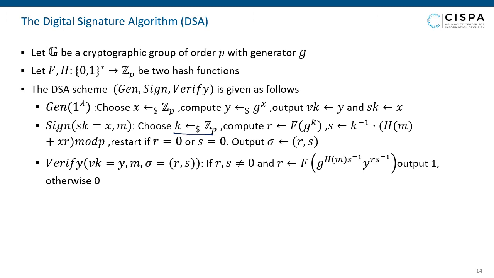To verify a signature, we first check if both R and S are non-zero, and if it holds that R is equal to F of G to the H of M times S inverse times Y to the R times S inverse. If this check holds, we output 1, otherwise 0.